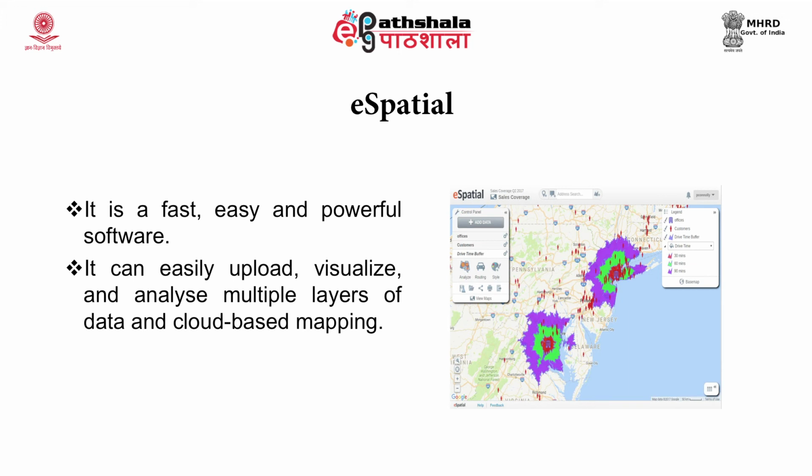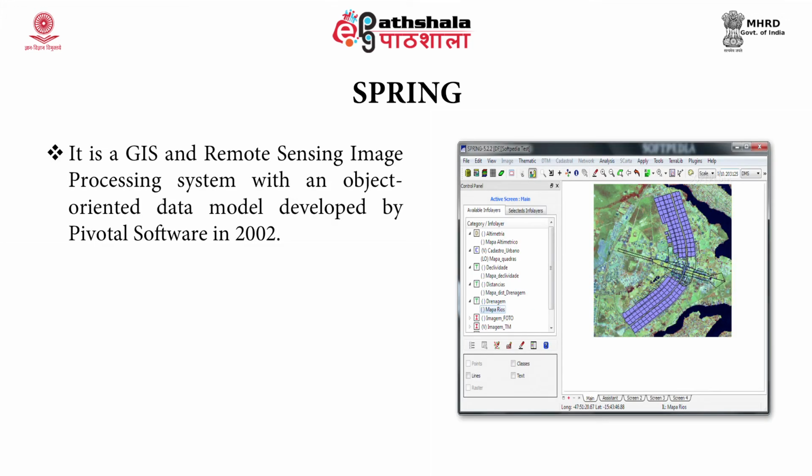It can easily upload, visualize, and analyze multiple layers of data and cloud-based mapping. Another software is Spring, which is a GIS and remote sensing image processing system with an object-oriented data model that was developed by Pivotal Software in 2002.